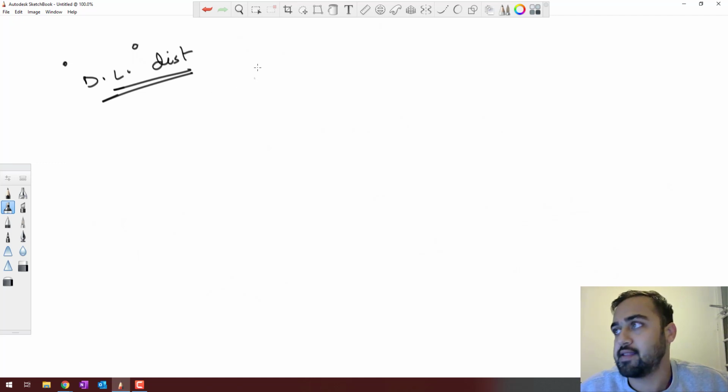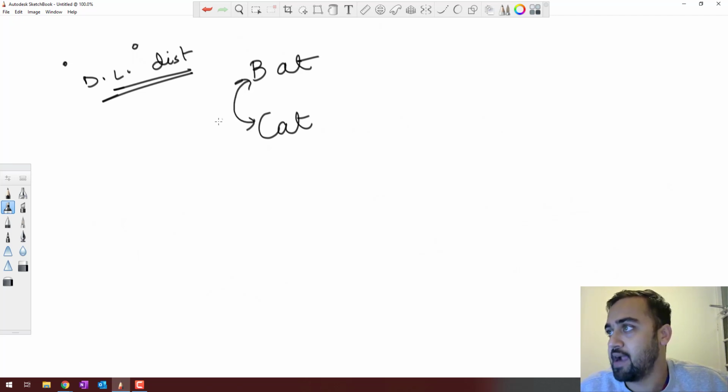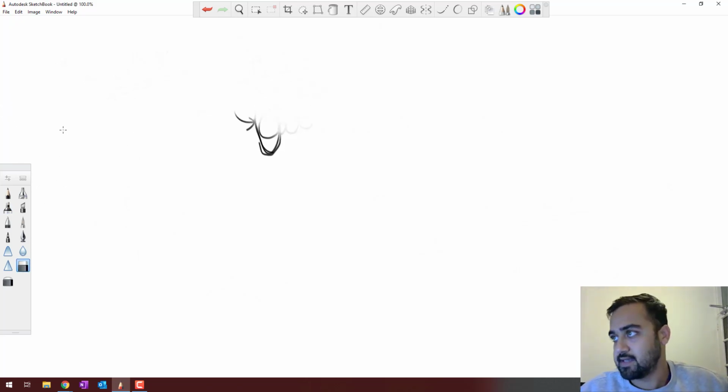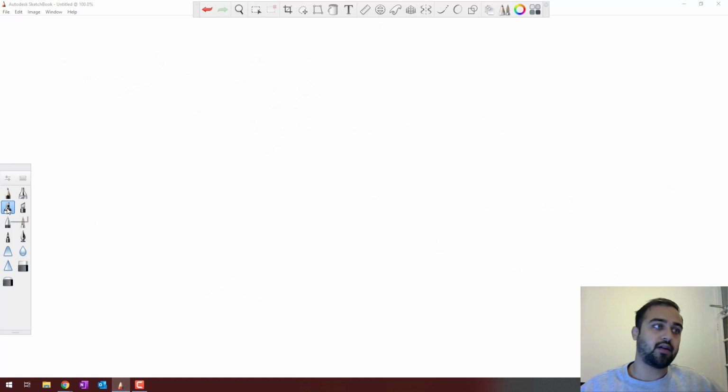If I take the example of bat and cat, the DL distance between bat and cat is 1, because it compares all the positions. It sees B and C are different elements here, and the difference is equal to 1. So DL distance helps us in spelling correction.